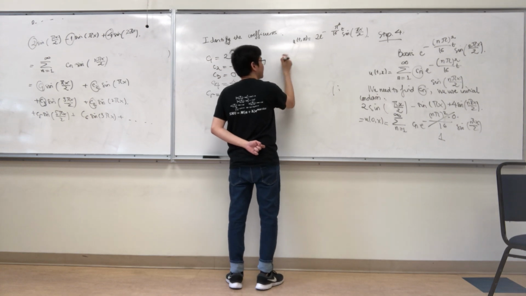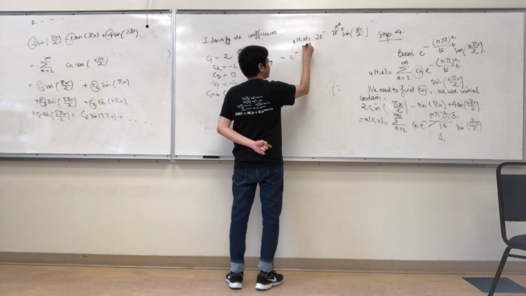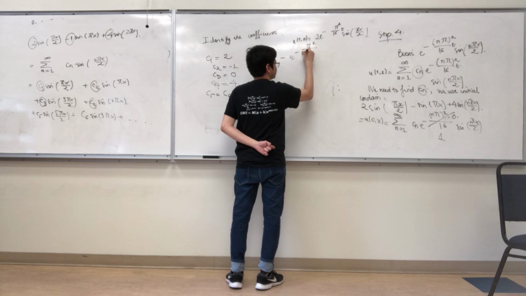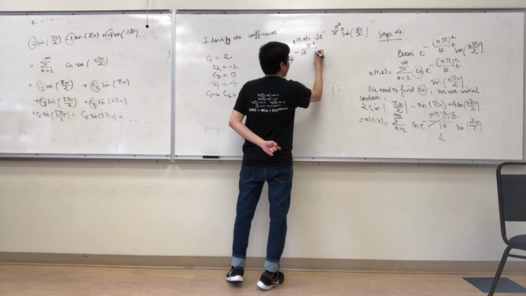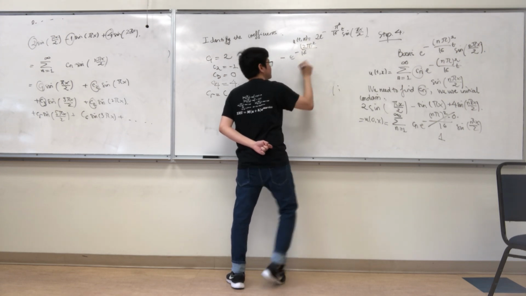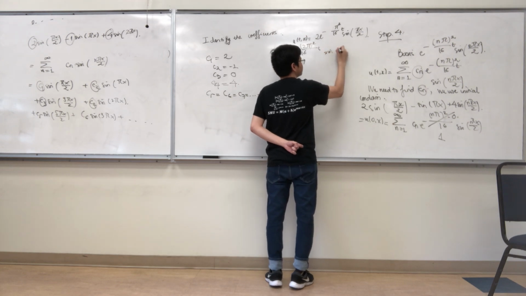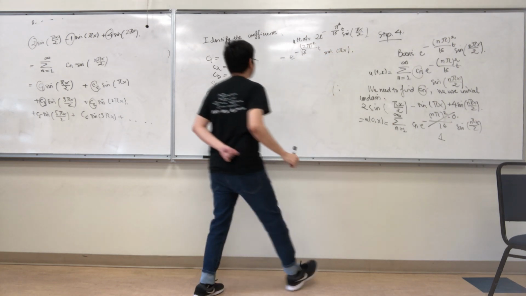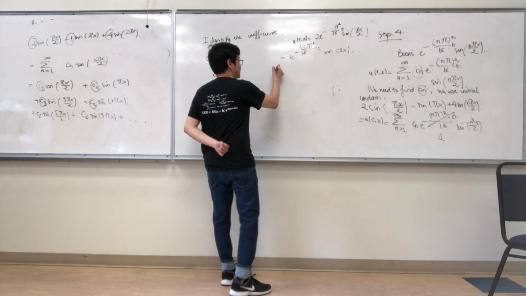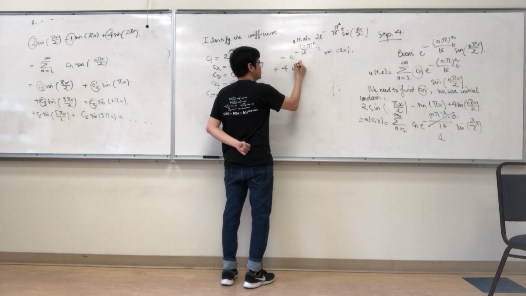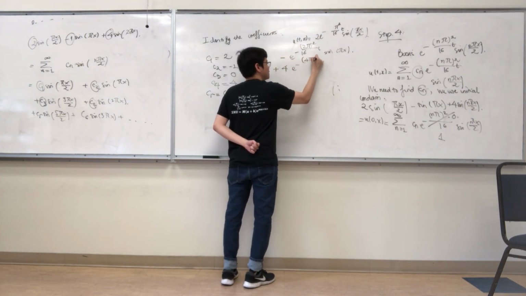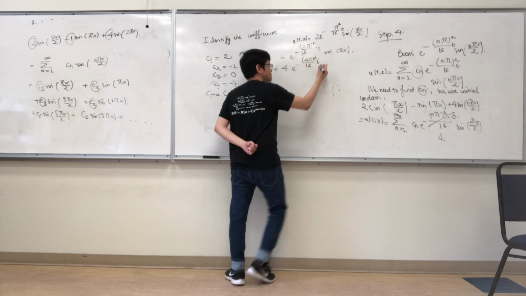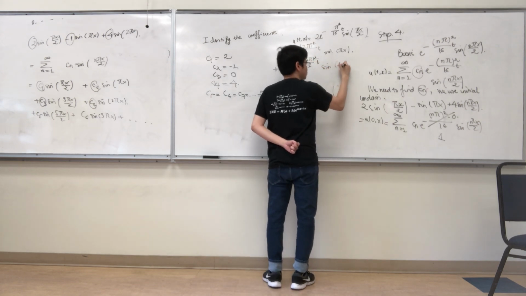C2 is minus 1, so I have minus e to the minus pi squared over 16, 2 pi squared t, sine of pi x. All right, C3 is 0, so I don't care. And now I have C4. I have 4 e to the power minus 4 pi squared over 16, sine of 2 pi x.